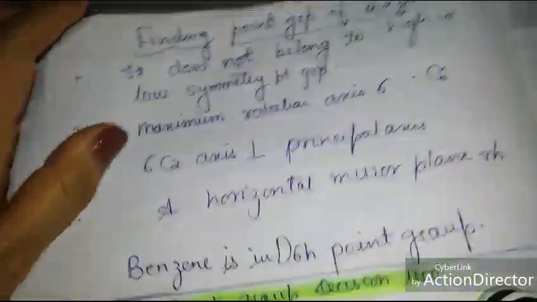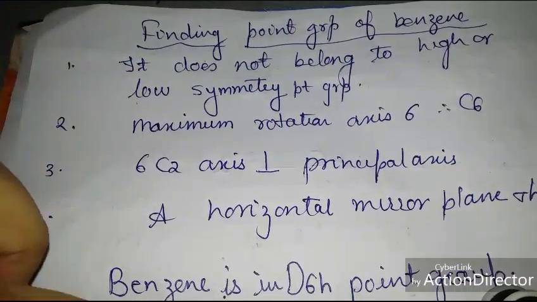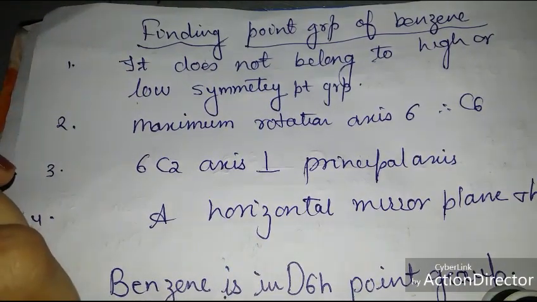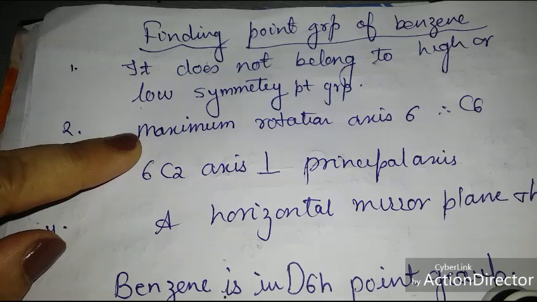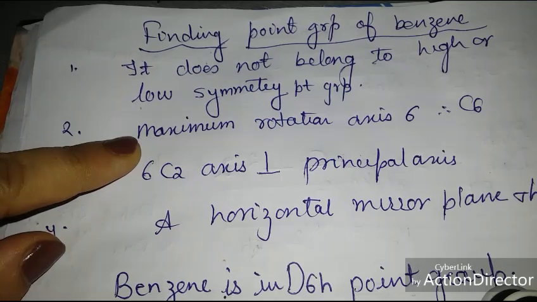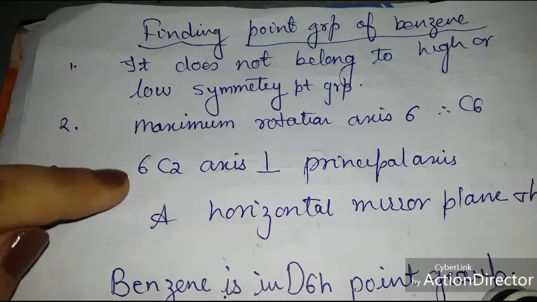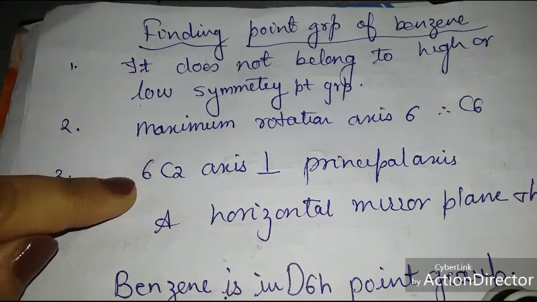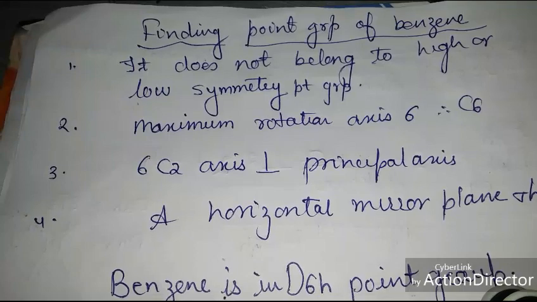So one example I will be considering is benzene. It does not belong to the low symmetry and high symmetry groups. So we look for the rotation. It is having a 6-fold axis of rotation, so it is C6. Perpendicular C2 axes are present to the principal axis, so it is the D group.